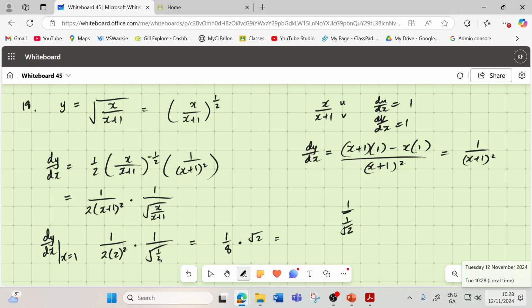So just sin of square root 2. So use the square root, and we get the answer 1 over 4 square root 2, which is the same thing.